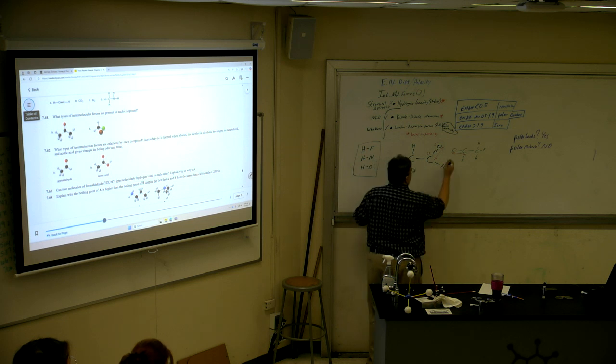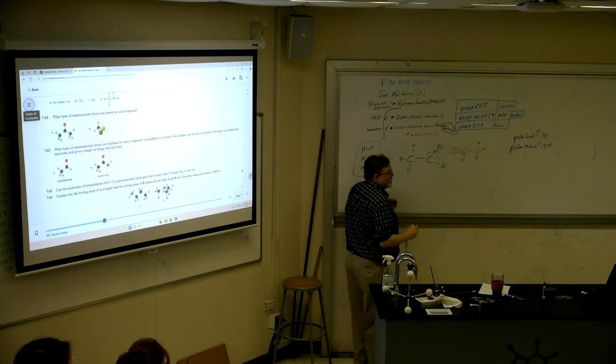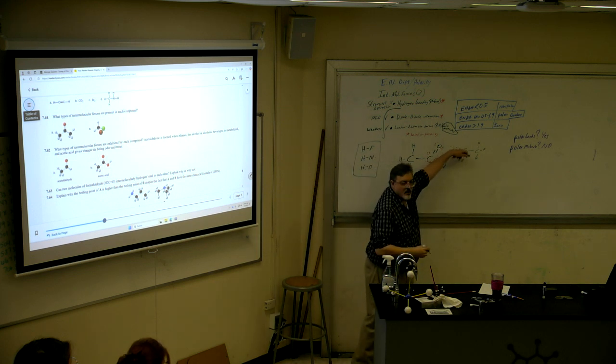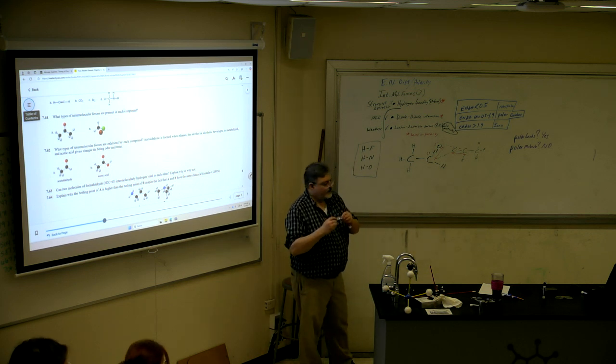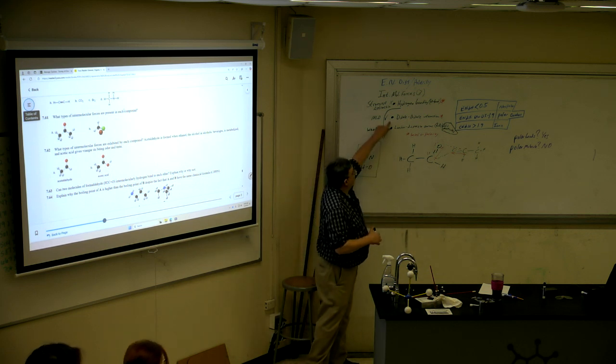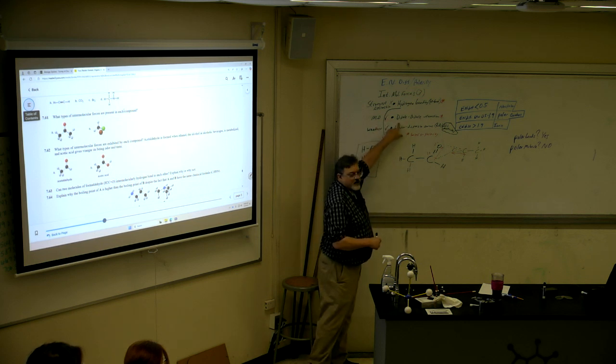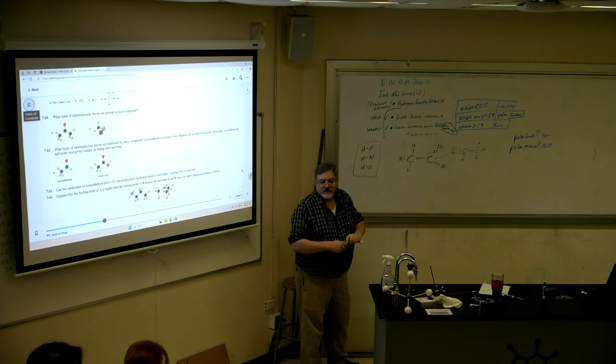I didn't draw that great, but the attraction is this negative to this positive and this negative to that positive. That's the dipole-dipole interaction, attraction. So this definitely has this, but it does not have hydrogen bonding. So it has London dispersion and it has dipole-dipole, but it doesn't have any hydrogen bonding. So it has 2 out of 3.